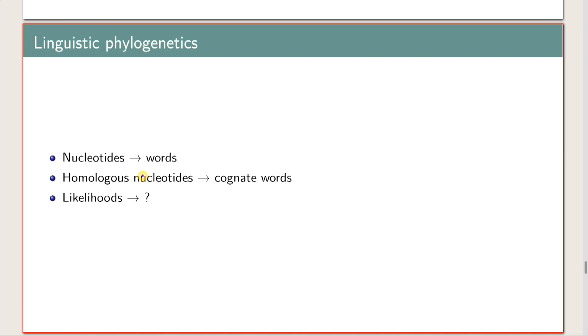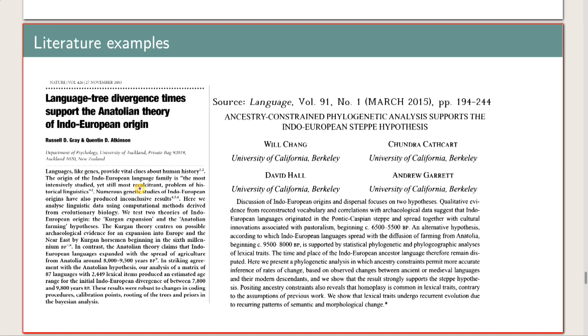So maybe there are people here who know something about this. I don't. But they do seem to calculate likelihoods of trees in some way. And there's a bunch of papers over a long time. So this is kind of interesting. I was just looking around for what people have done, and this one is from Nature in 2003. This one is from Language in 2015.